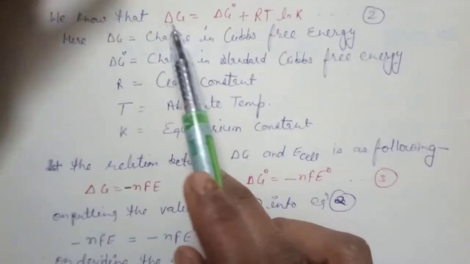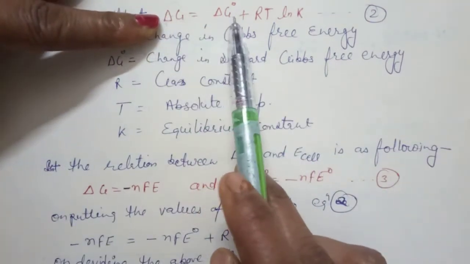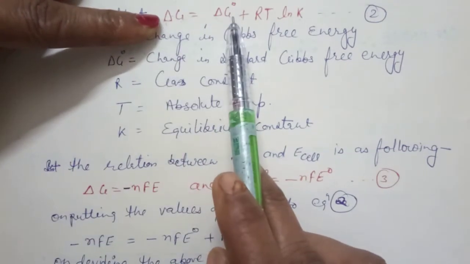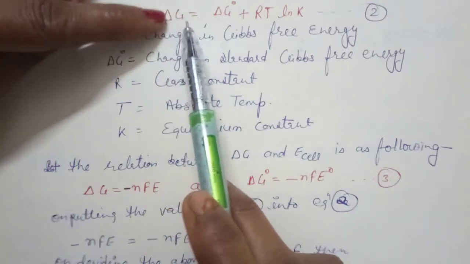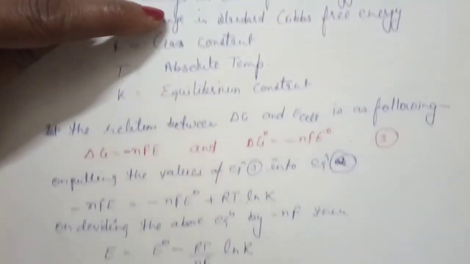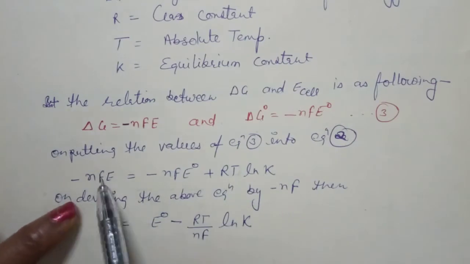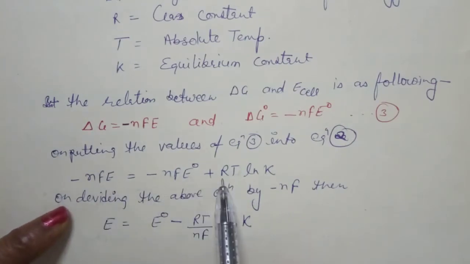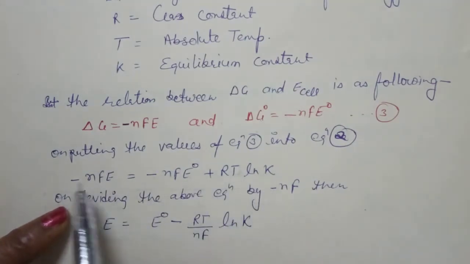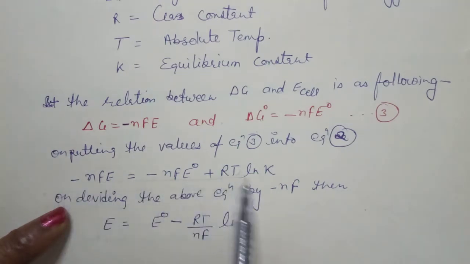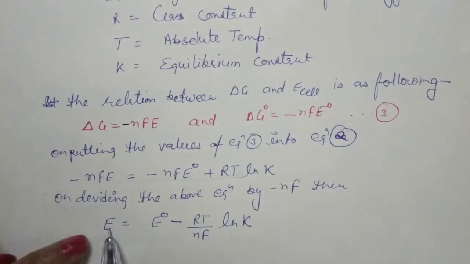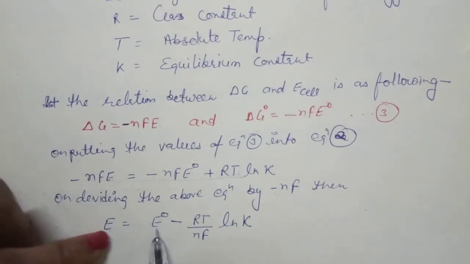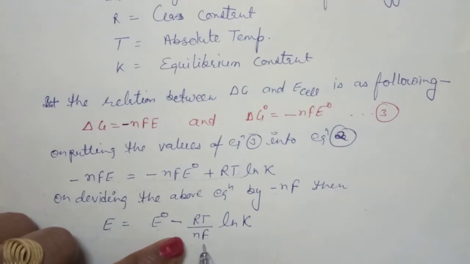So in this equation, the values of delta G and delta G naught can be put from equation number 3. When we put these values in equation number 2, we get minus nFE is equal to minus nFE naught plus RT ln K. On dividing the complete equation by minus nF, minus nF is cancelled out, only E remains here: E equals E naught minus RT upon nF ln K. Clear?